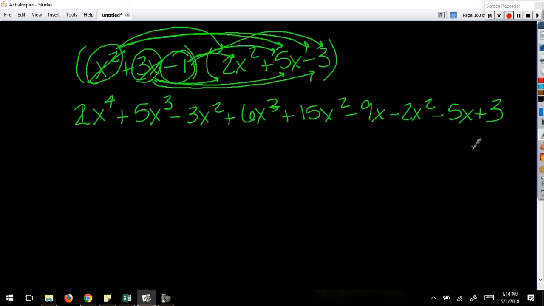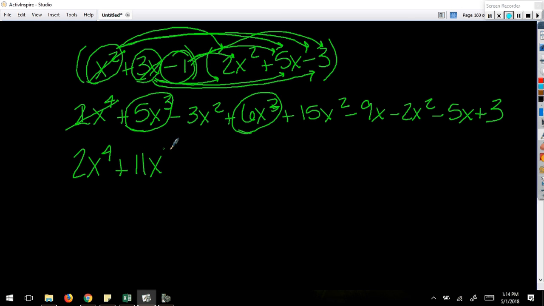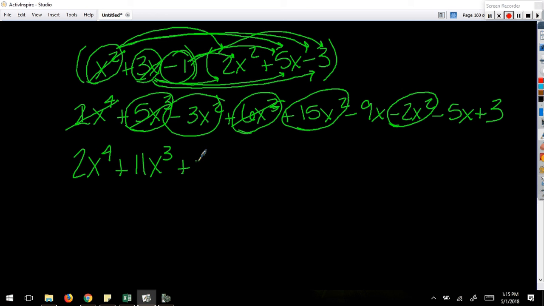So again, I'm ready to clean it up a little bit, gather up my like terms. I've got 2x to the fourth. Powers of 3, I've got a 5 and a 6. Looks like that's it. So that's 11x to the third. Powers of 2, I have negative 3, 15, and negative 2, so that would give me 10.